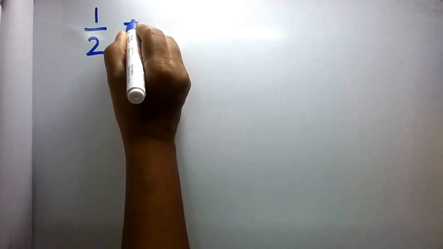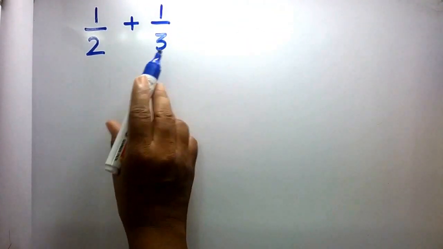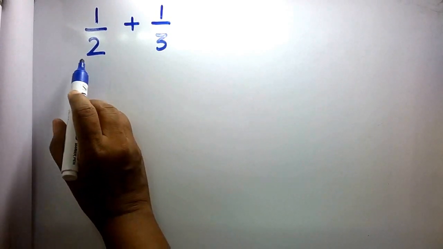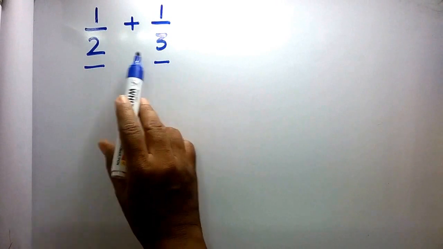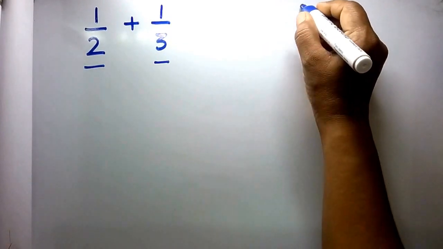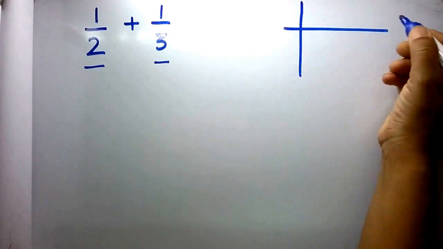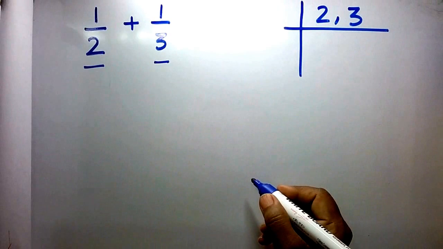Addition of rational numbers. If you have 1 upon 2 plus 1 upon 3, you cannot directly add these numbers because you have different denominators. So whenever you have different denominators, your first work is to make them the same. To make them the same, take out the LCM of 2 and 3.